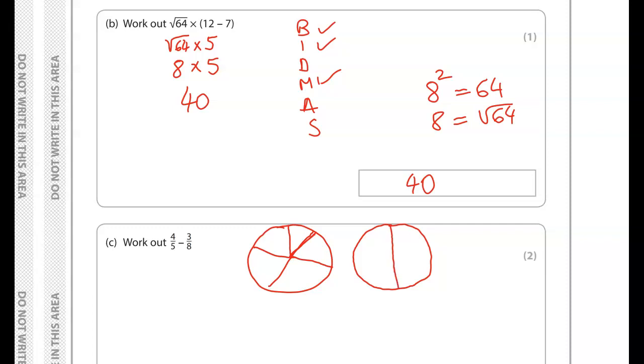So what we're talking about is different slices. So what we need to do is to cut the pizza into equal slices so then we can easily take away. Because at the moment I can't just say I took away a slice here and that's it. Or take away 3 slices in there, just like it says here. And I've solved the answer because they are different sizes of slices.